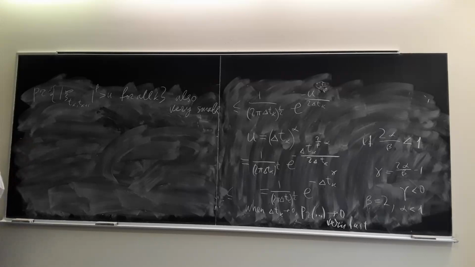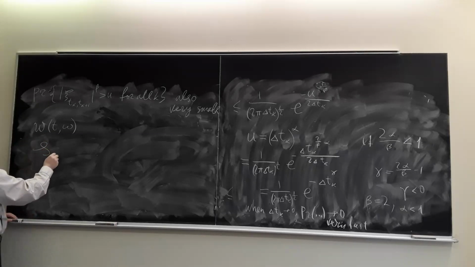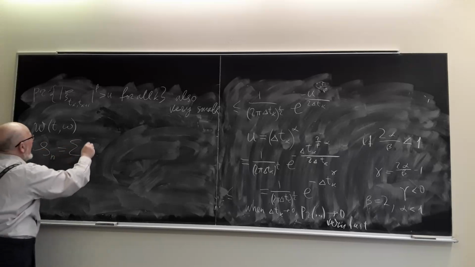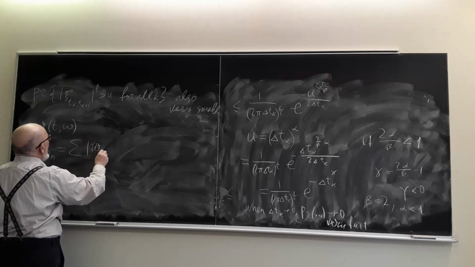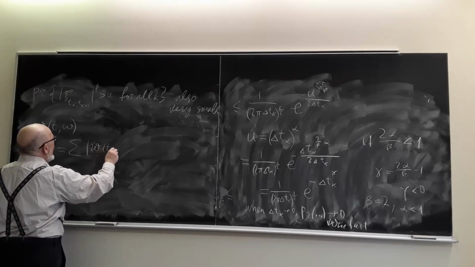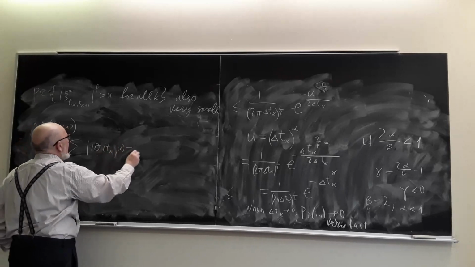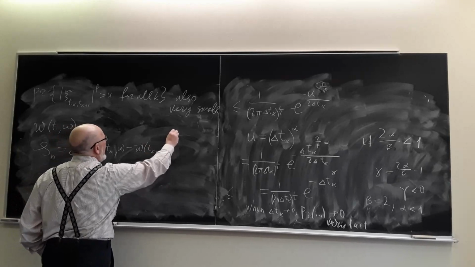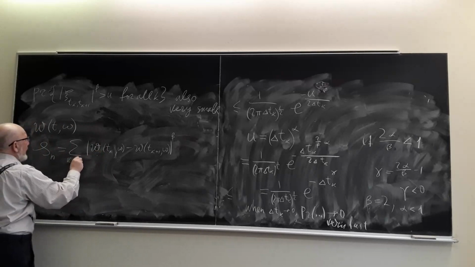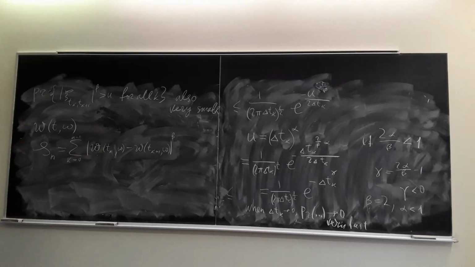Consider this W(t, omega), and consider this sum, say S_n, equals the sum of the modulus of W(t_k, omega) minus W(t_{k+1}, omega) to the power beta, k from 0 to n minus 1. So consider this sum S_n.